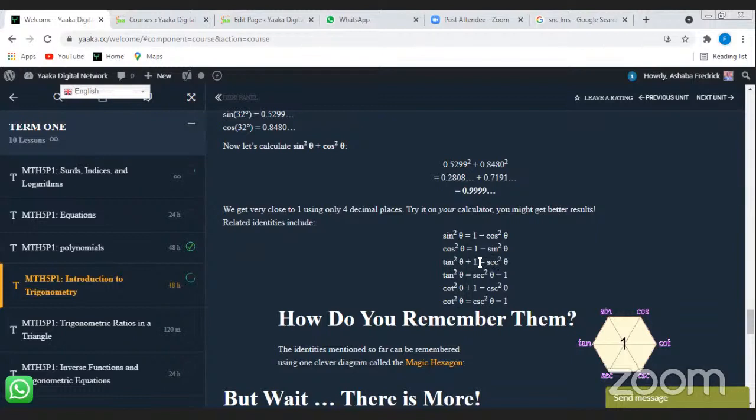Then tan squared plus 1 is equal to sec squared; when you want only tan, you transfer the 1 to the other side and it becomes a negative. And then we have seen that cot squared theta plus 1 is equal to cosec squared theta, so if you only want cot squared, it is equal to cosec squared theta minus 1.